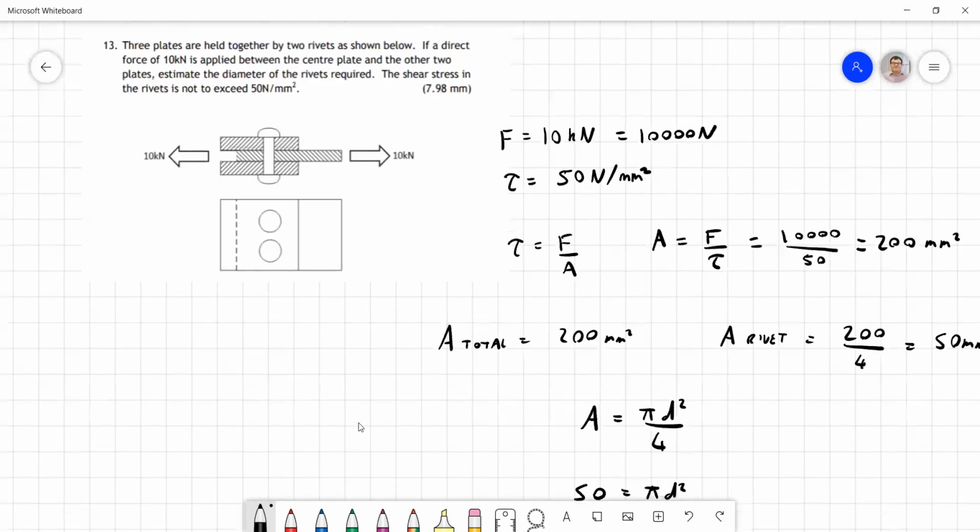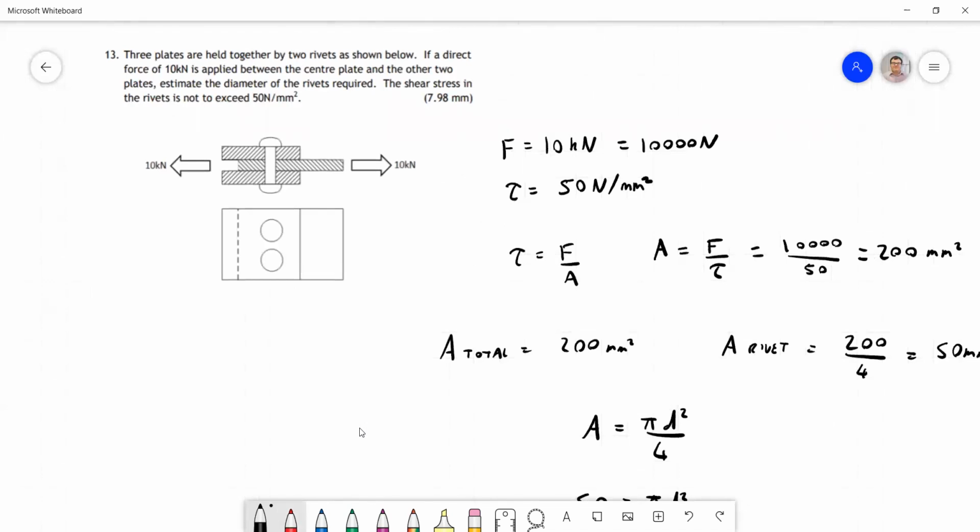And as we hoped, this gives us the answer indicated in the notes. That's how we go about solving a question like this. The key thing is to work out how many times the cross-sectional circular area of the rivet adds up to give our total shear area.